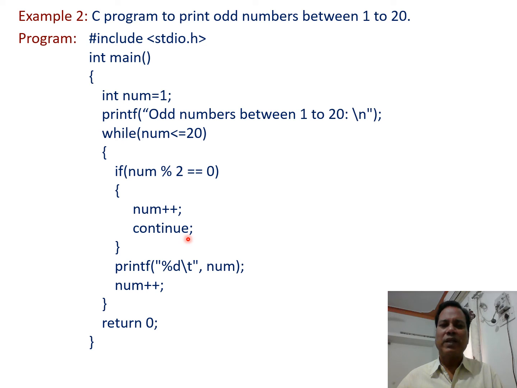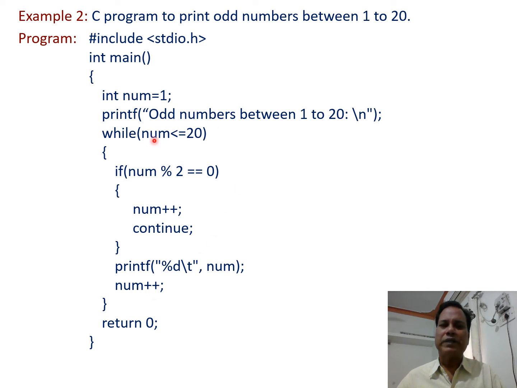The next statement, the printf statement, prints the value of num at the place of the format specifier %d on the output screen, and then \t moves the cursor one tab position right. Then the value of num is incremented, and after incrementing the value becomes 2.